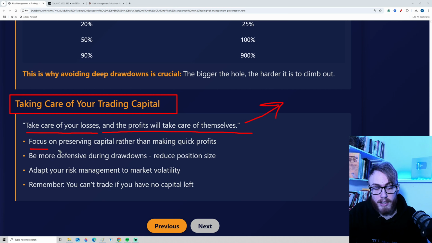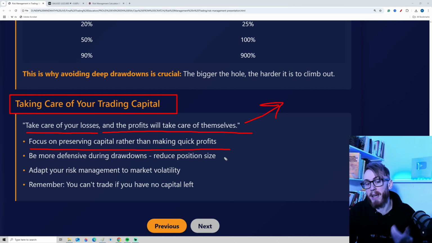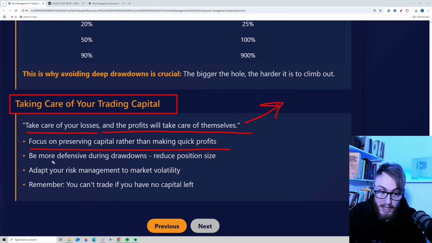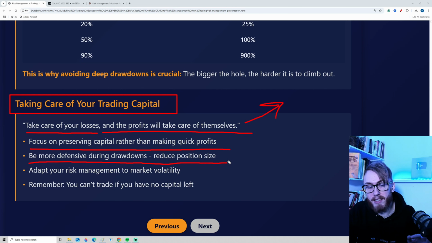Another thing is you should focus on preserving capital rather than trying to make quick profits. Remember, trying to get rich quick is often a quick path to getting poor. Also, make sure to be more defensive during drawdowns, because as you recently saw, the bigger the hole, the harder it is to climb out. The larger the drawdown, the harder it is to recover.